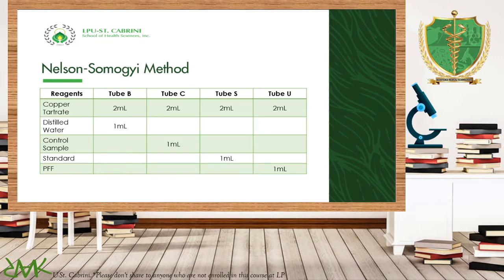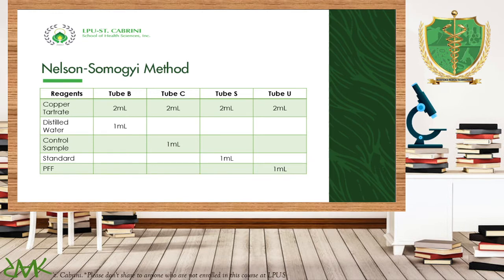And then after that, we are going to add 2 ml of arsenomolybdate reagent, which is our color reagent. And afterwards we are going to mix it thoroughly, and then we are going to add water up to the 25 ml mark of the Folin-Wu tube.